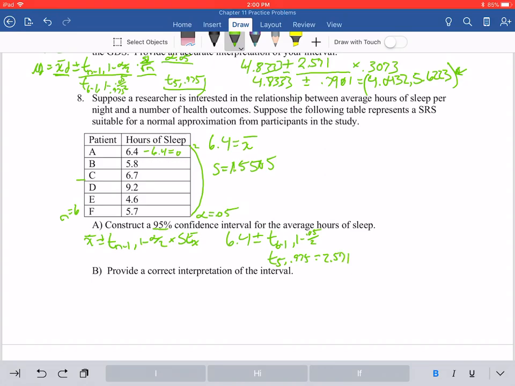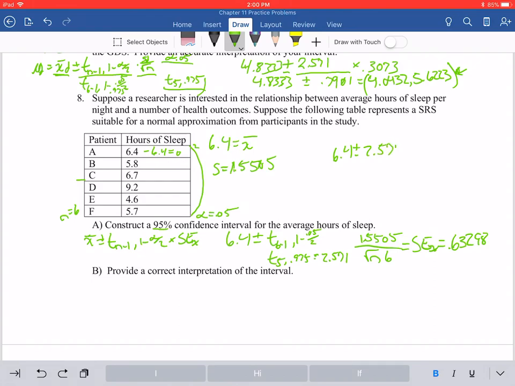So that's going to equal 2.571. Our standard error of x is going to be the standard deviation, 1.5505, over the square root of n, which is 6. So our standard error of x is going to equal 0.6328.